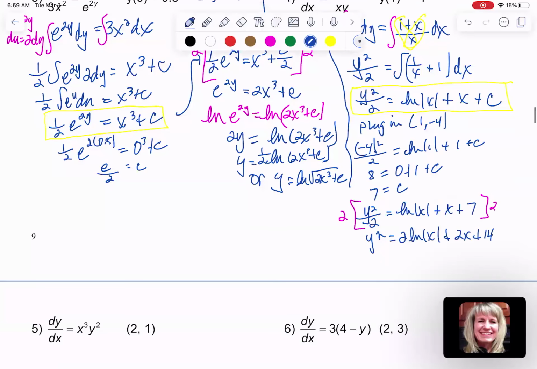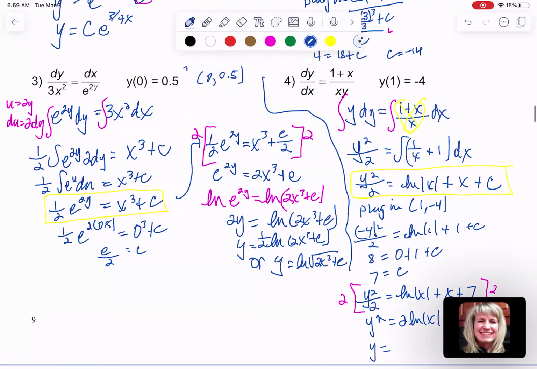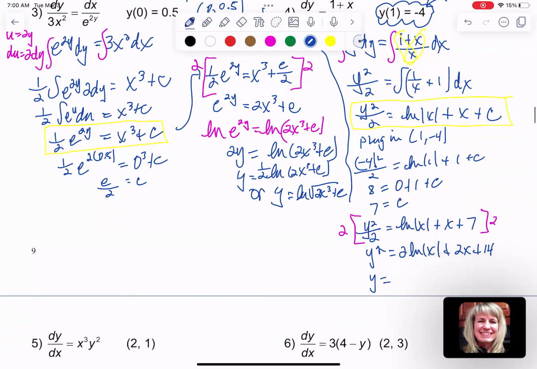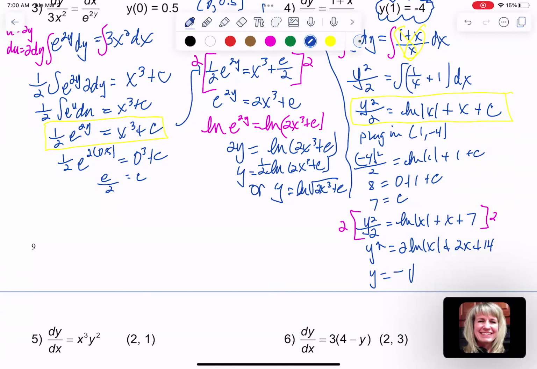And then we take the square root to solve. So you have to go back to your original initial condition. That initial condition has a y value that's negative. So we'll do the negative square root of this. So it'll be 2 ln absolute value of x plus 2x plus 14. And that's your particular solution.